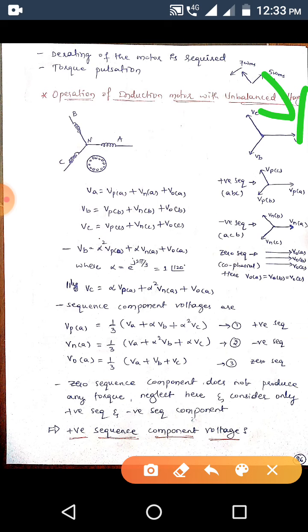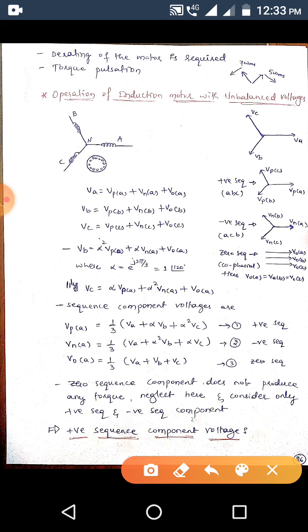If both are in opposite directions, that is positive and negative sequences, then torque pulsation is also produced. This is about the non-sinusoidal supply voltages.